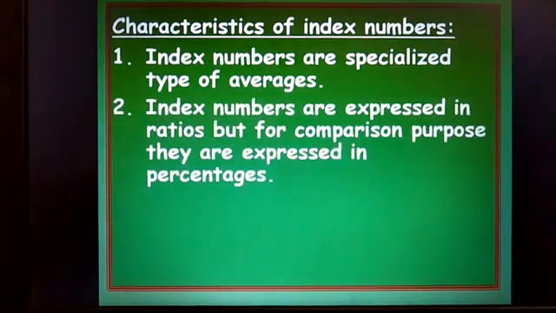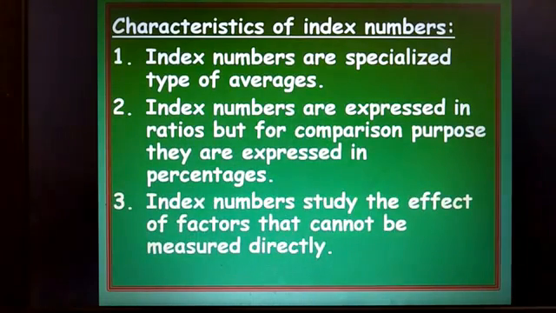Relative changes are observed and expressed as percentages. Index numbers are always expressed in ratios, but for comparison purposes they are expressed in terms of percentages. This is a known fact to us. Another characteristic: index numbers study the effect of factors that cannot be measured directly.